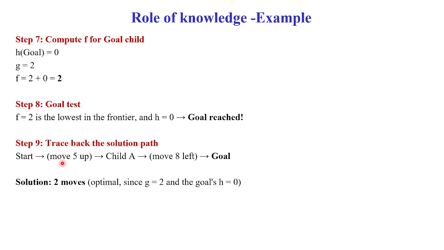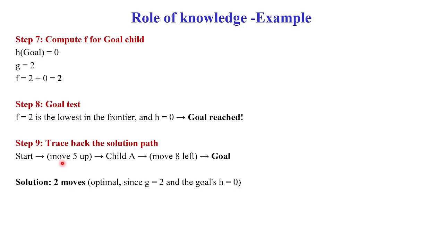If you use a blind BFS on the same puzzle, it might expand dozens or even hundreds of nodes before finding the answer. The heuristic used, Manhattan, gave the agent knowledge about how far the goal is, how many tiles I have to move, how many positions I have to move. This guided knowledge was very helpful for the agent at each step.